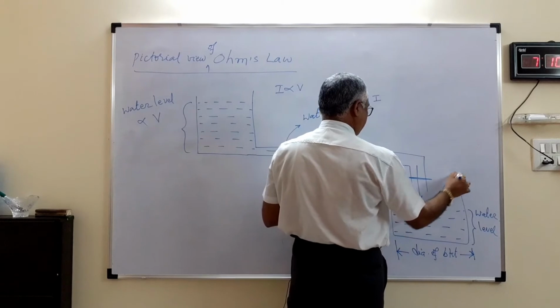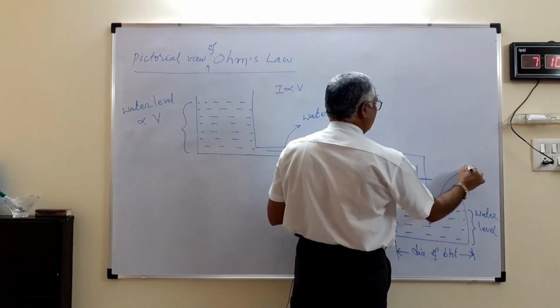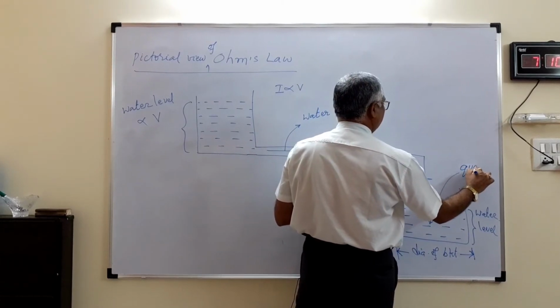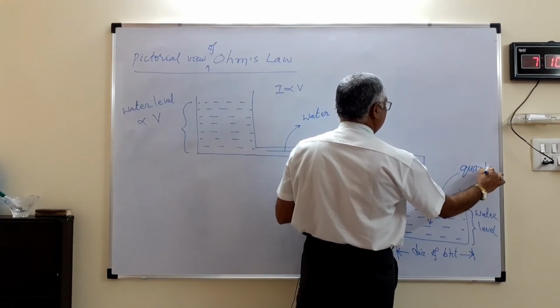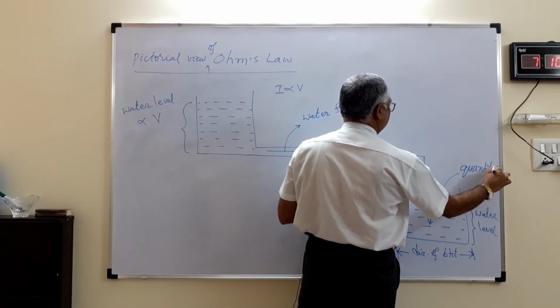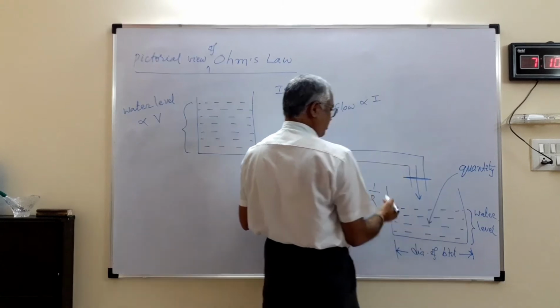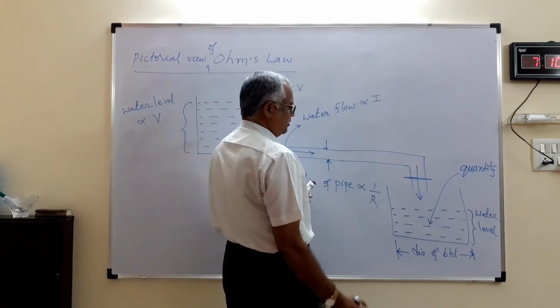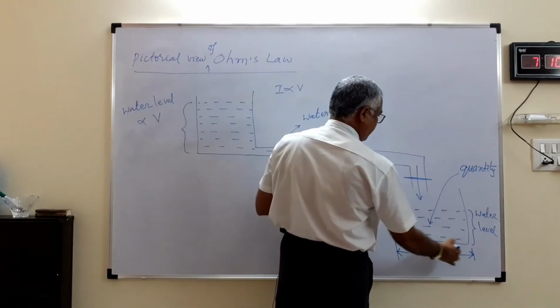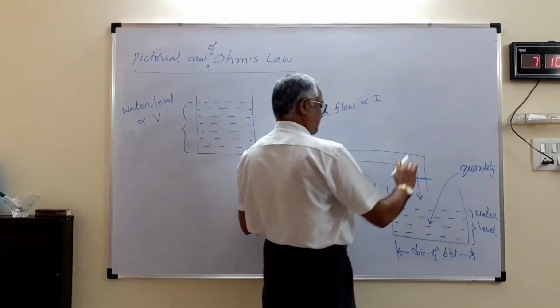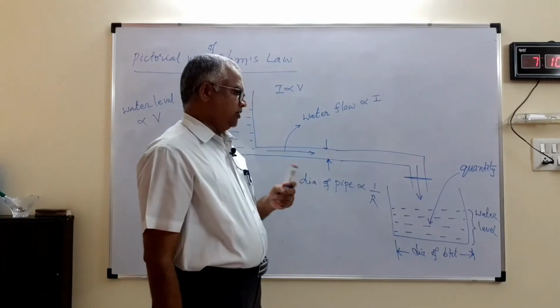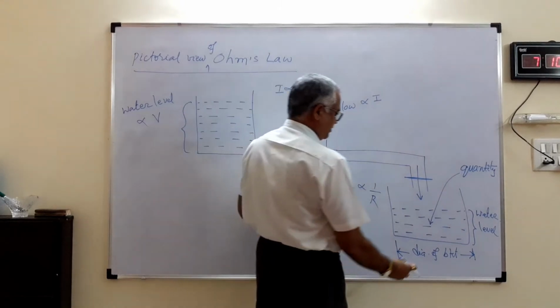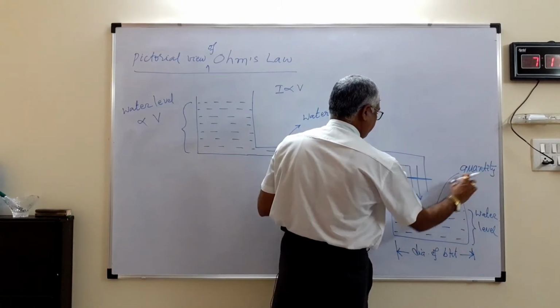Third parameter, quantity of water. Let us not worry about the thickness of the bucket, manufacturer of the bucket, color of the bucket, all those things we are not interested in. Width, level and quantity.